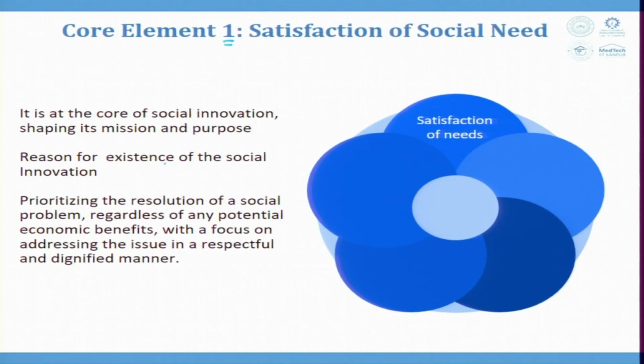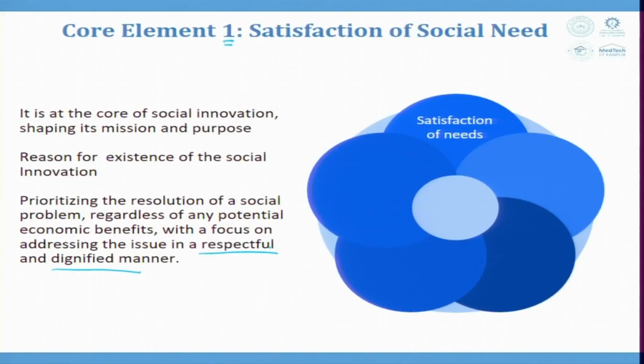The reason for existence of social innovation is to prioritize the resolution of a social problem, regardless of any potential economic benefits, with a focus on addressing the issue in a respectful and dignified manner. You have to focus on addressing the problem in a respectful and dignified manner.